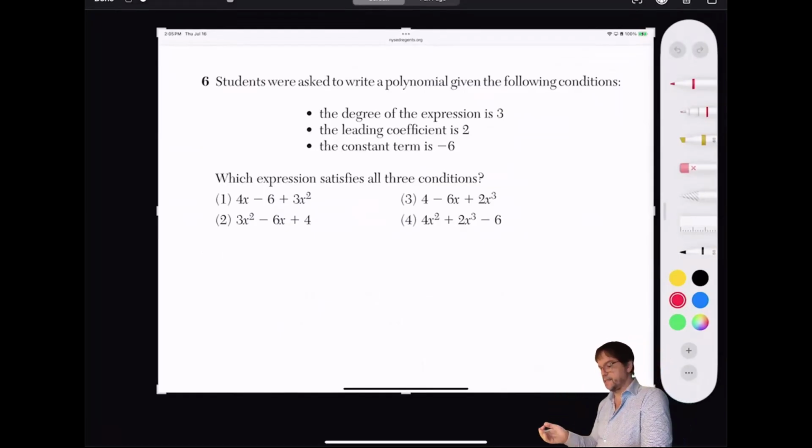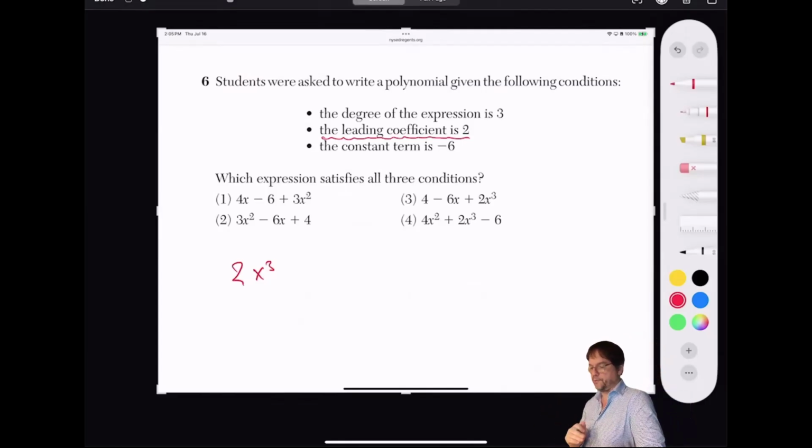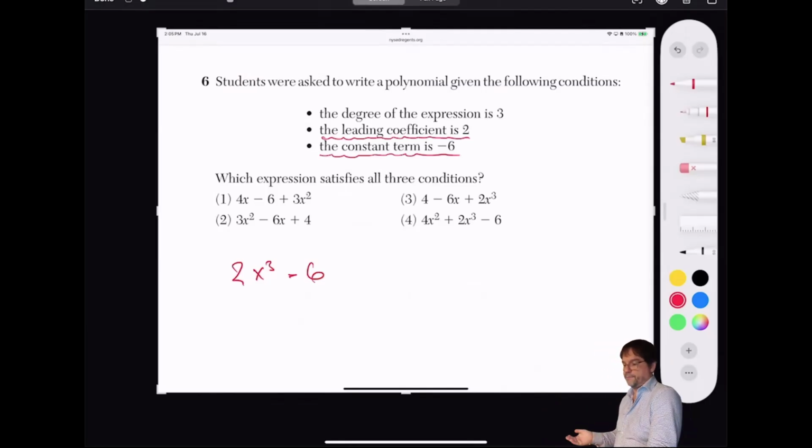As he's putting everything in terms of x, I put x to the power 3. The leading coefficient is 2, so the coefficient associated to the highest power is 2. I put 2. The constant term is minus 6, so the constant is minus 6. I need to find something like this.